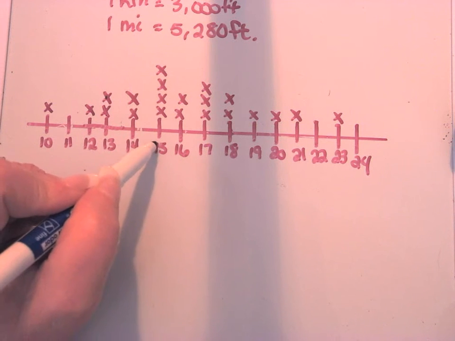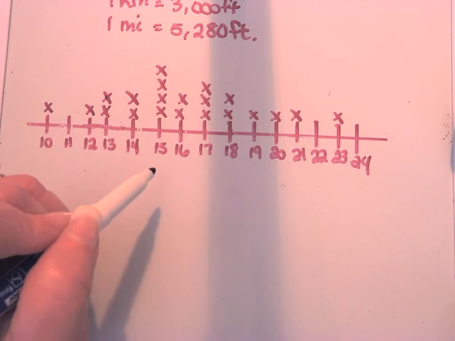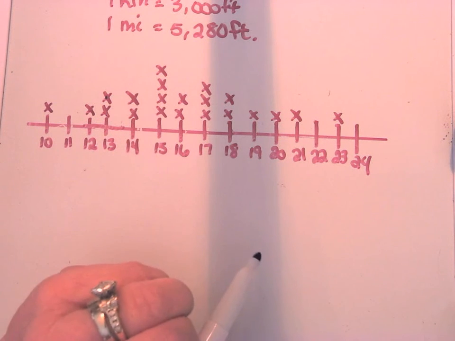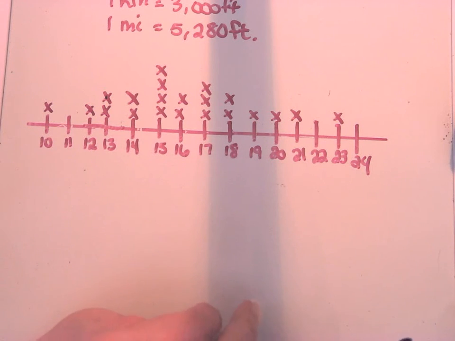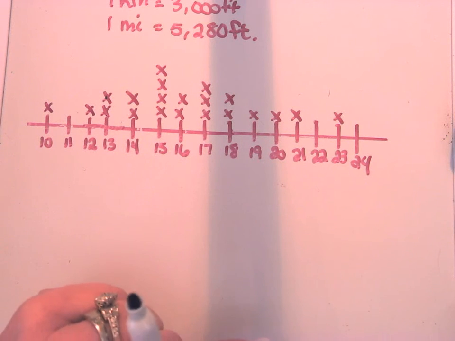If it's 15, we had how many kids do 15? That's right, we had 4 students do 15. And so when we look at this, we want to use it in that way, that each X is a new student and each X indicates the jump that they did based on the numbers on the bottom.